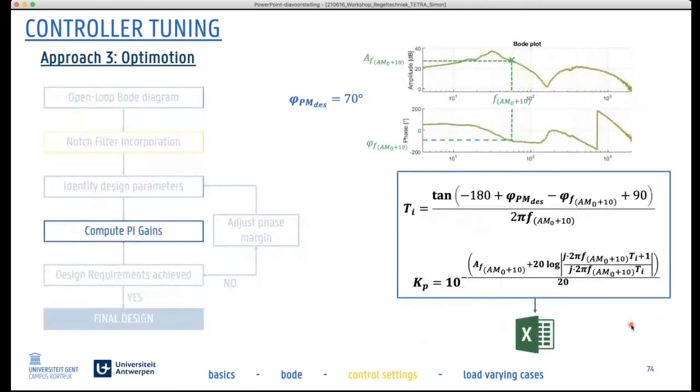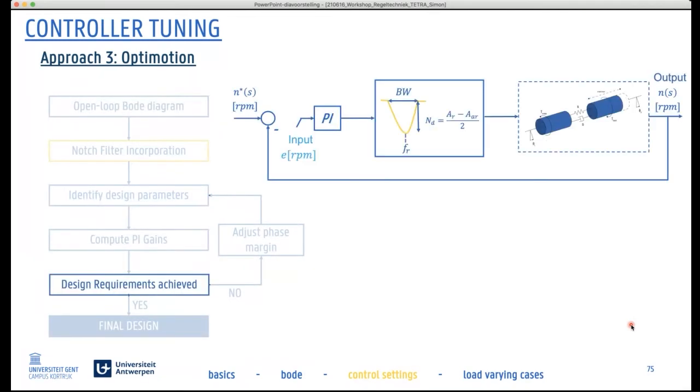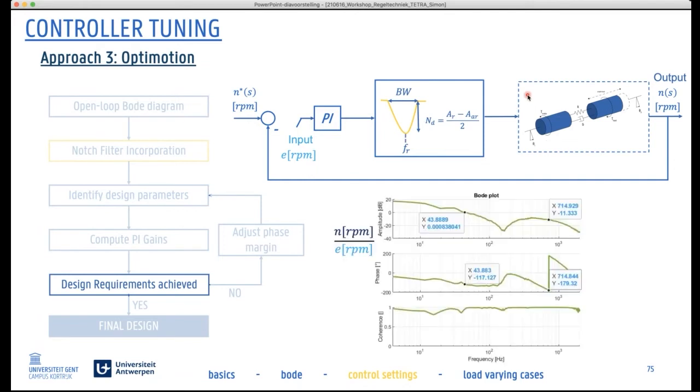Put it in the algorithm. All right, this method actually requires you to check again the Bode characteristic of your system with the PI controller you designed and the notch filter, to see if it is like you desired. And how can we see that? Well, we have to look at the phase margin.